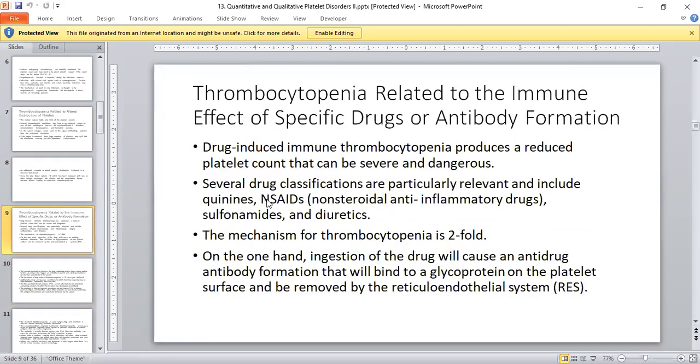This effect of drugs can be twofold. The drug can cause anti-drug antibody formation that binds to a glycoprotein on the platelet, and then this causes the platelet to be removed by the reticuloendothelial system. So it's flagged as an antigen.